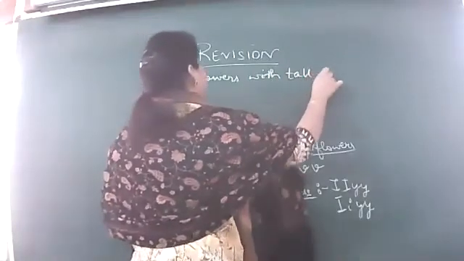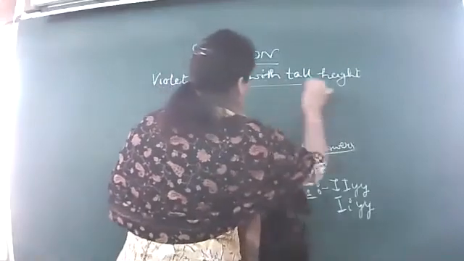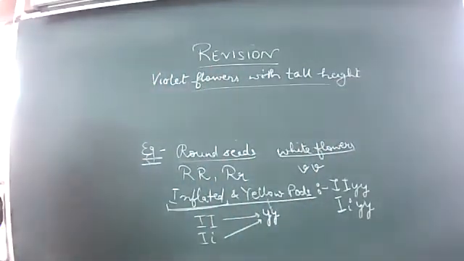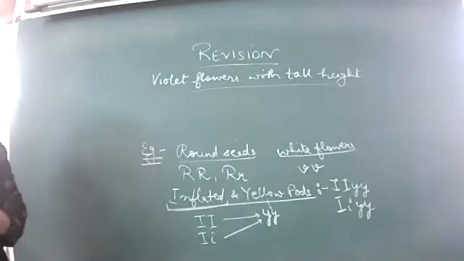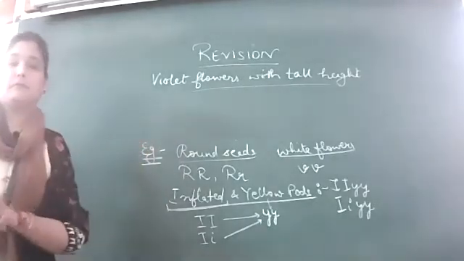Violet flowers with tall height. Yes. Again, you are having the two features. First of all, write down their possible genotypes separately, right? And then combine them, forming the genotype of the parent with two characters, violet and tall.